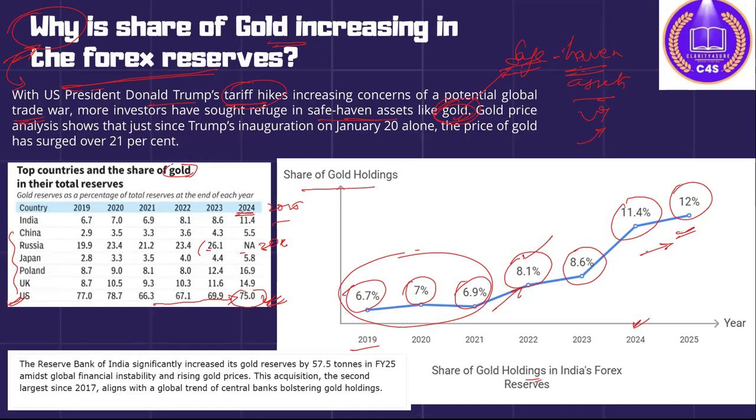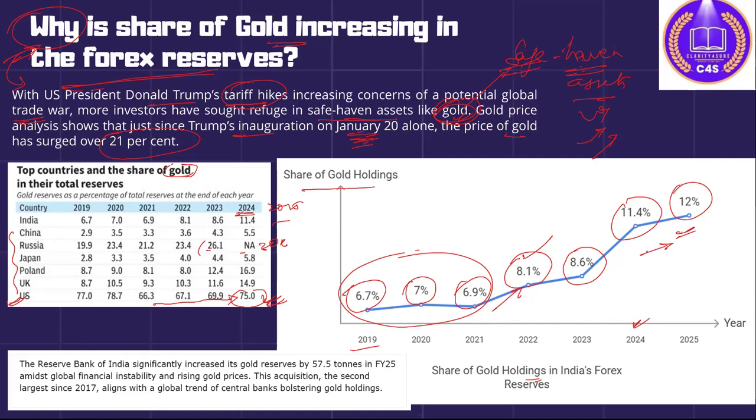In the last 3 or 4 months we have seen an exponential rise in the price of gold in the Indian market. Gold price analysis shows that just since Trump's inauguration in January, the price of gold has surged by 21% in just 4 months, because investors are looking to invest in safe assets.